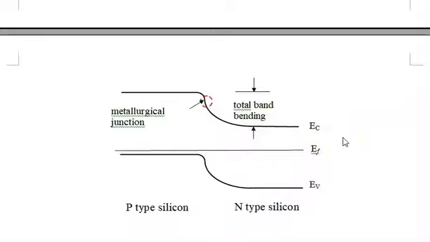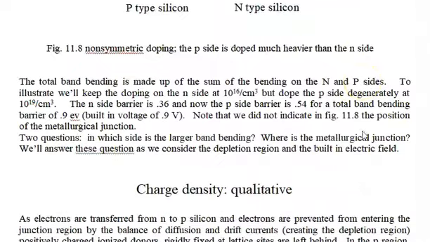We only had one barrier, but if the doping is very high, that barrier is steep with a high electric field, but it has a small width. And if the doping is light, the width is greater, but the band bending is somewhat less.